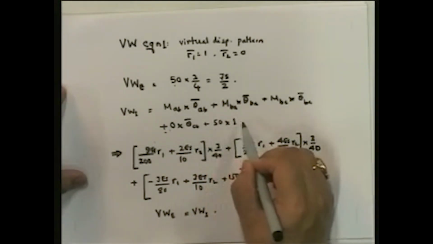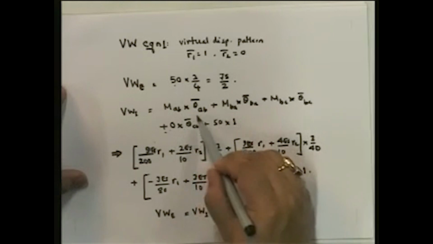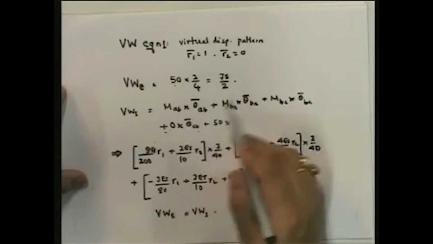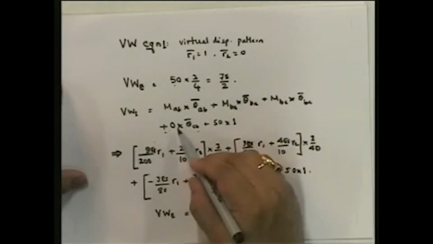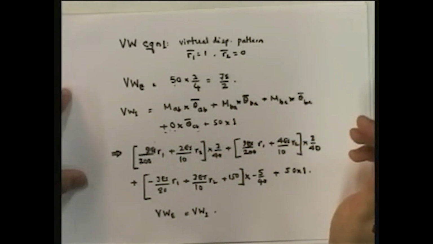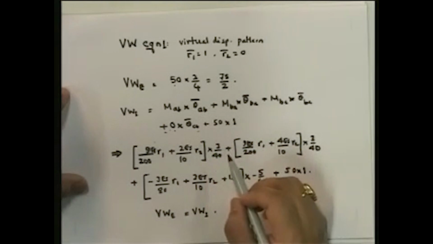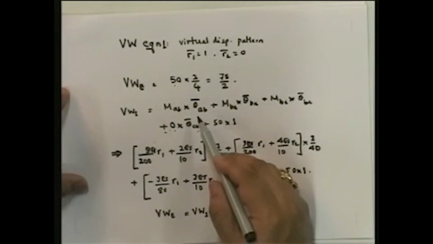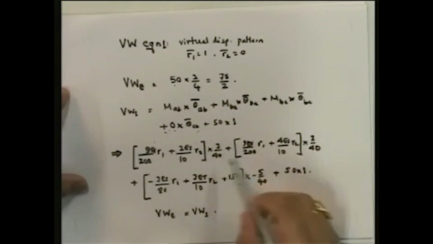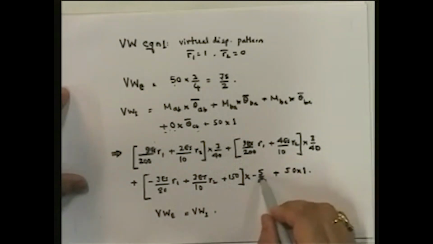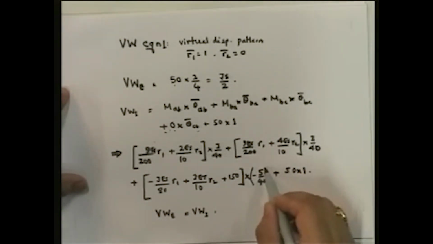That's the reason we have no interest in finding out what theta CB bar is, because we're multiplying with 0. So we only need to know theta AB, theta BA and theta BC, and that we know. In terms of R1, that's 3 by 40, 3 by 40 and minus 5 by 40.